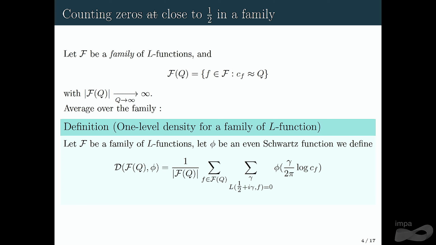Yeah. And then I average over the family, and this is what we call the one-level density for the family. And then I changed the log of C into a Q because this is a log of something, and I said C is close to Q, and when you do log, it's a constant function anyway.